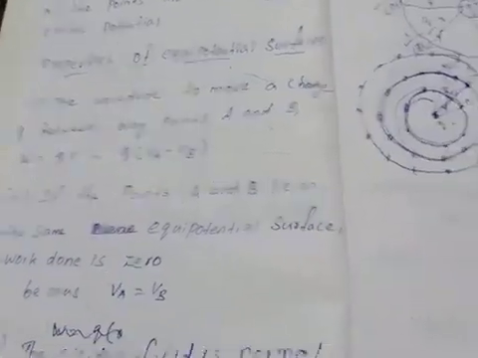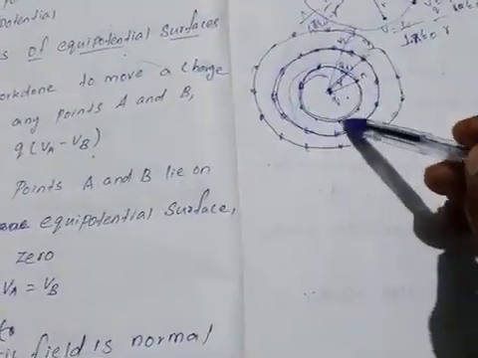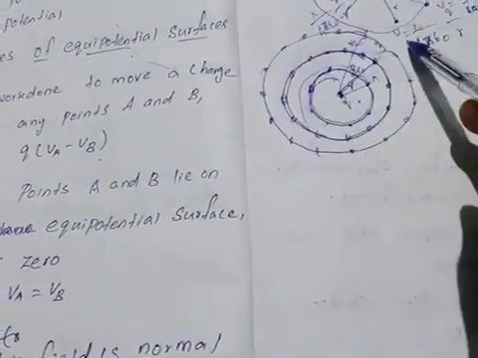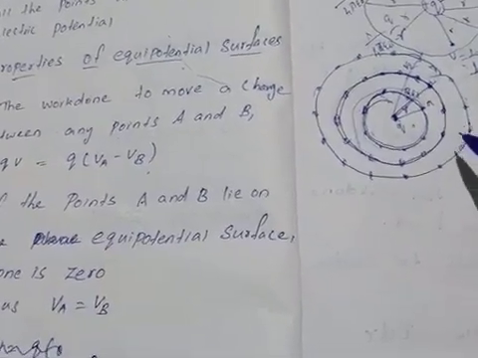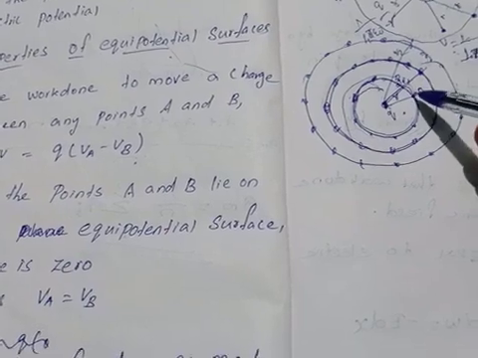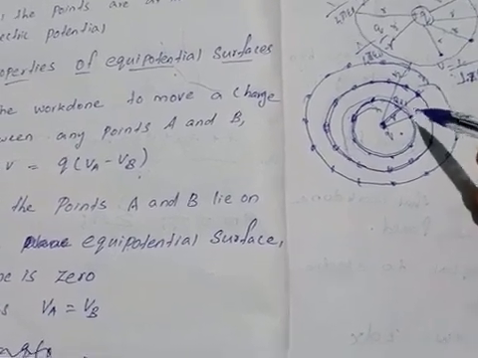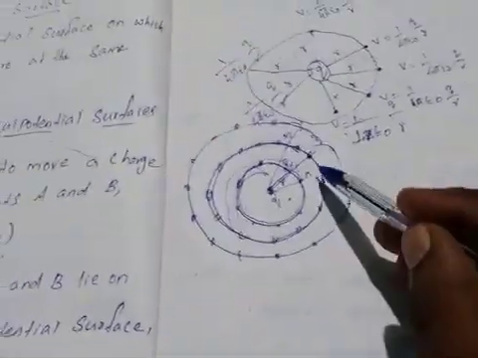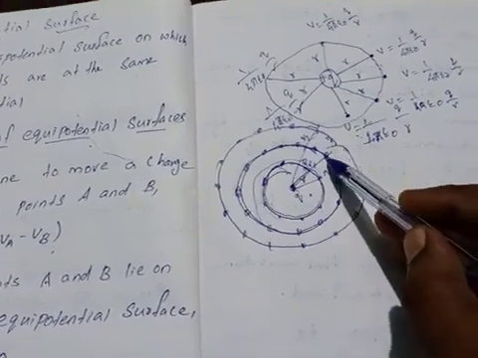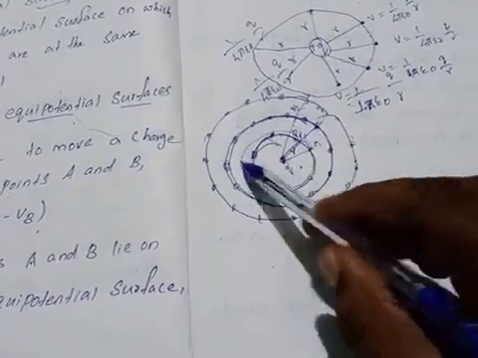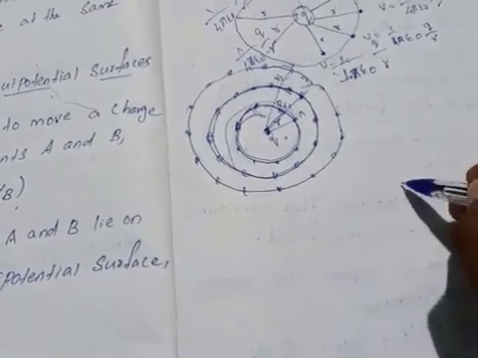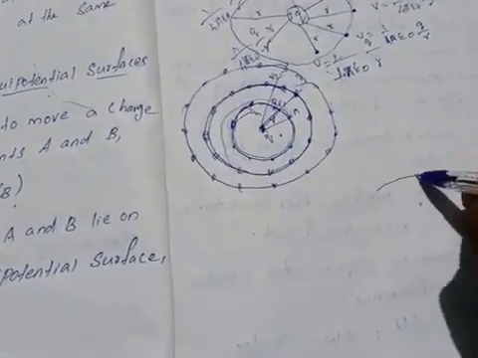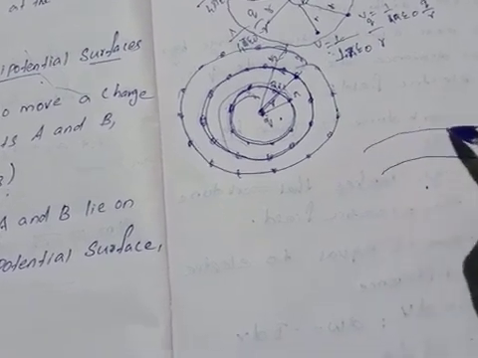Assume that equipotential surfaces like these are there, and on this surface you are moving a charge between any two points on the equipotential surface. For example, I am keeping one surface here, another surface here.